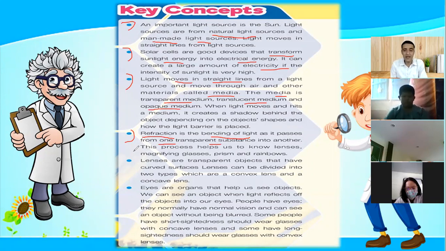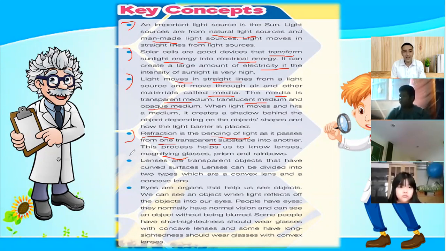The process helps us to know lenses, magnifying glasses, prisms, and rainbows. Next, we have lenses. Lenses are transparent objects that have a curved surface. Lenses can be divided into two types: convex lens and concave lens.